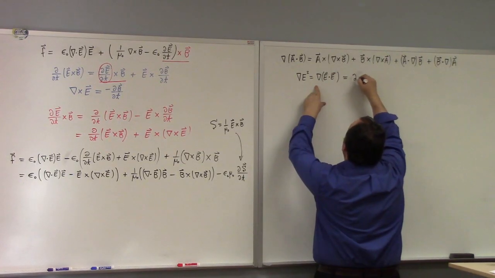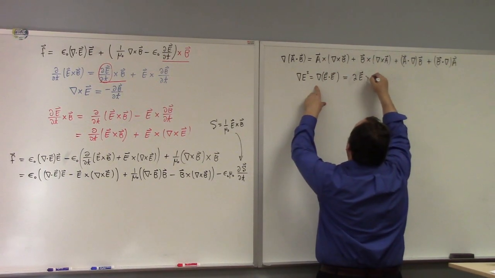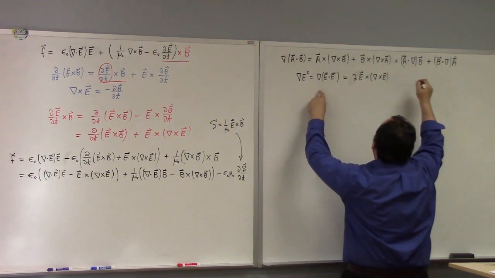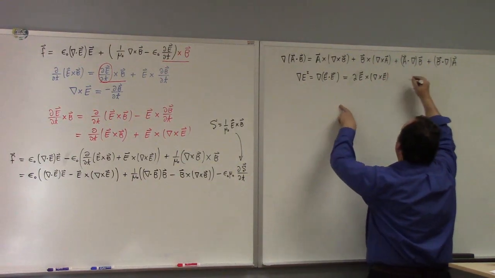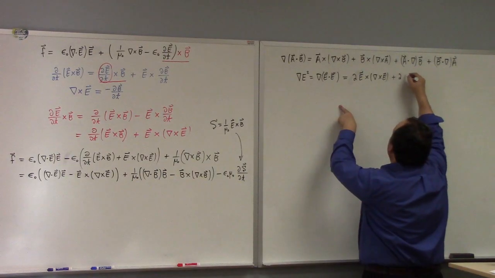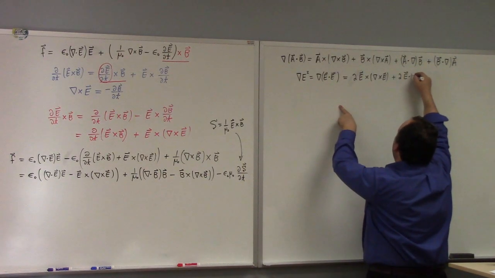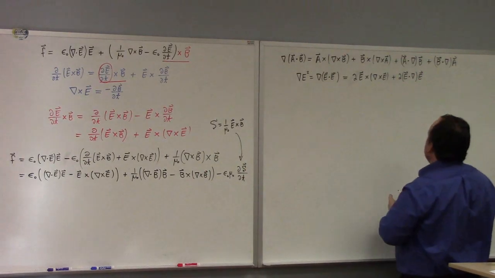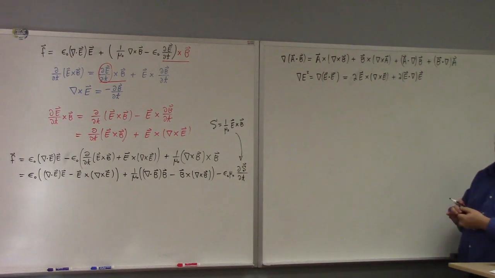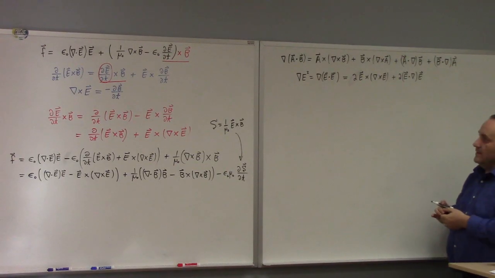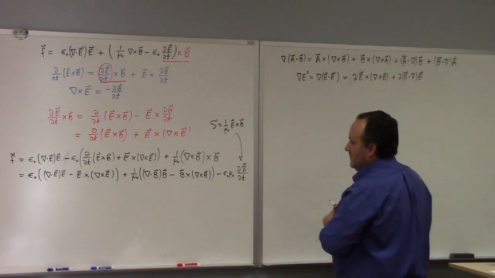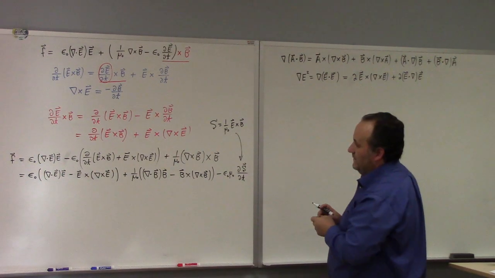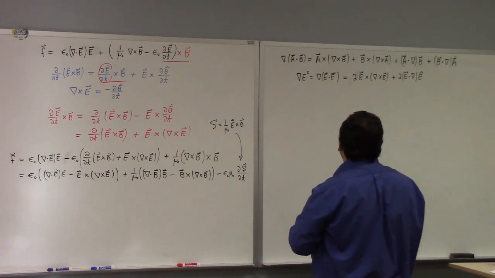Oh, cool. So 2, thank you, saving me writing. E cross the curl of E, right? And there's 2 of these as well. 2 E dot nabla E, right? And look, what do we have?